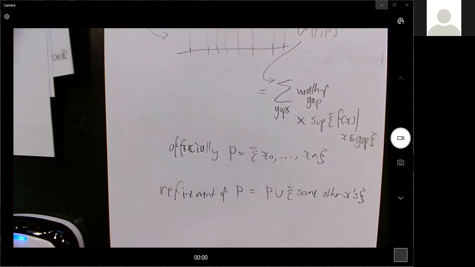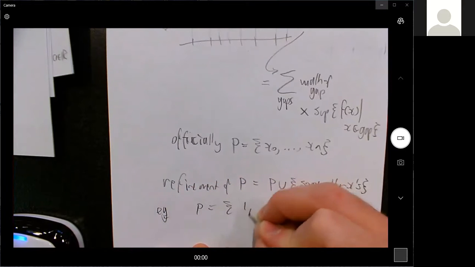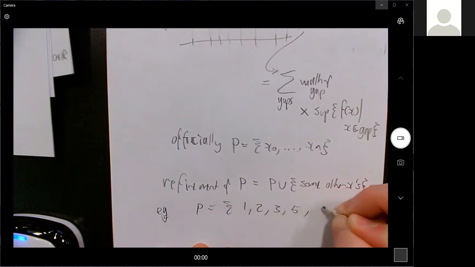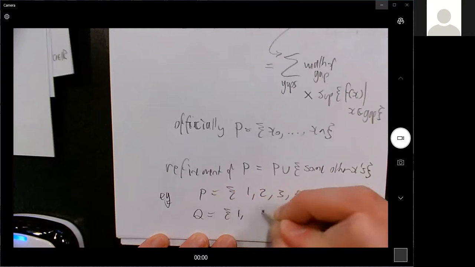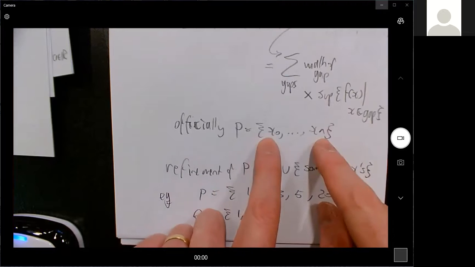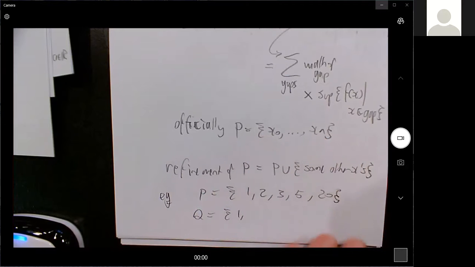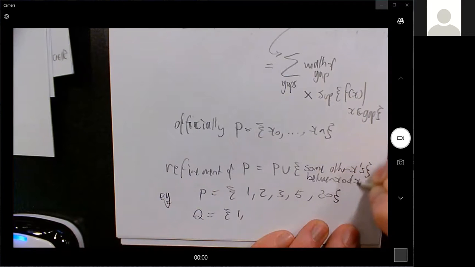And so what that means is that the intervals that P creates are the unions of intervals that belong to the refinement. Just as an example, if P is 1, 2, 3, 5, 20, then Q being 1, but also it has to have the same endpoints, I believe, with some other x's between x0 and xn.